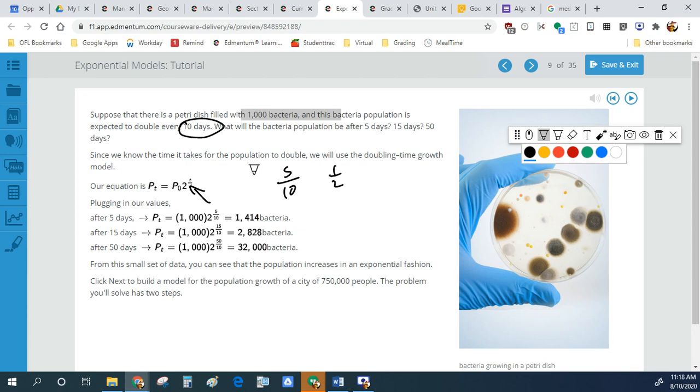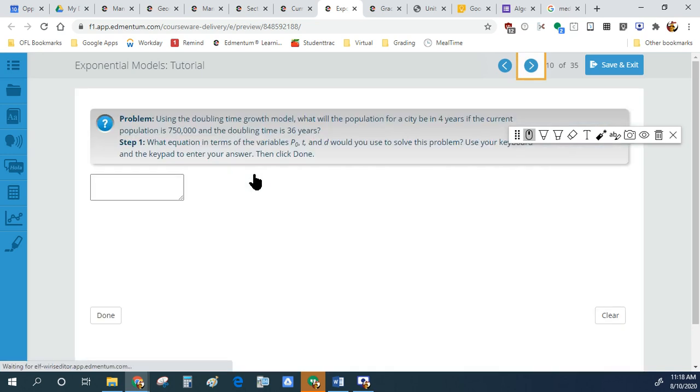So that's the only amount of time it compounded. In 15 days, it's 1.5. So that's why it's 15 over 10. Is this making sense? So you always want to look for this when you're talking about your rate. All right. And then moving on.